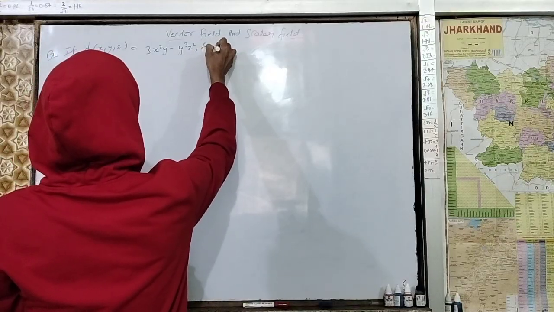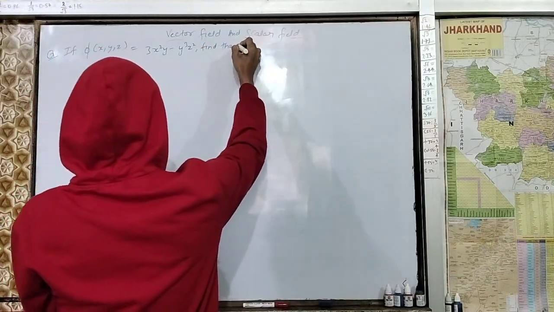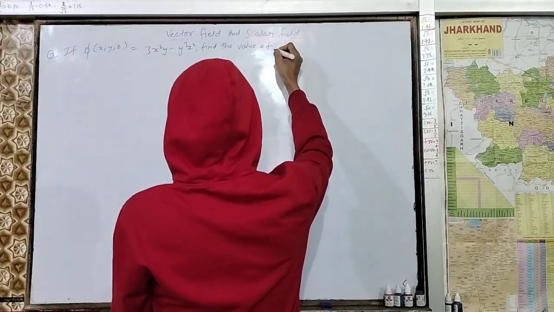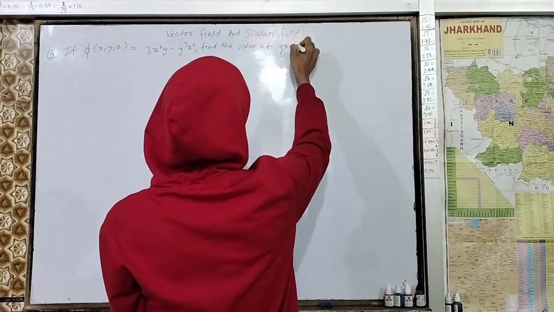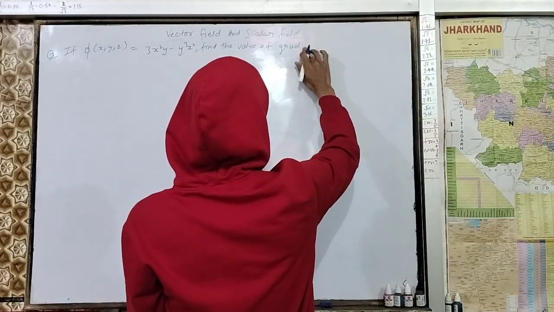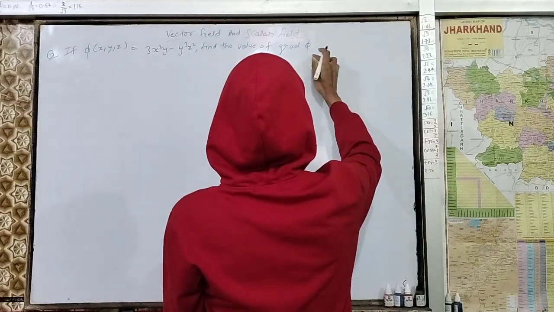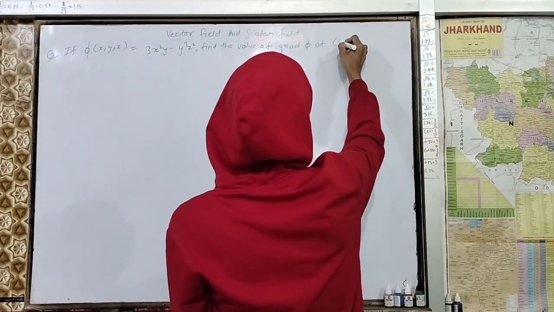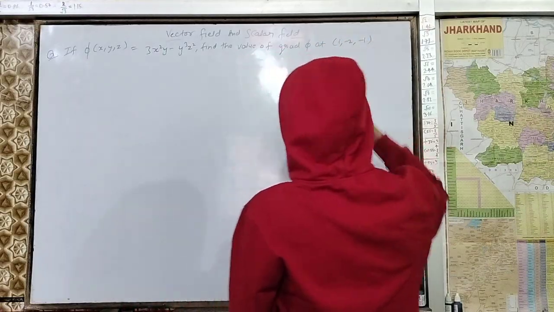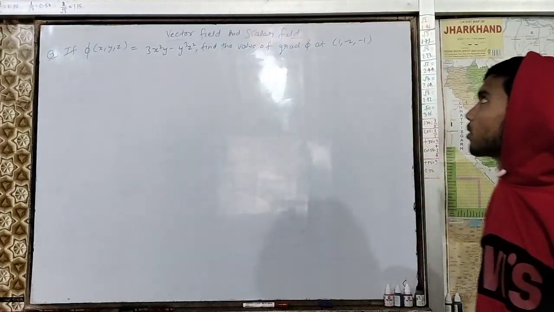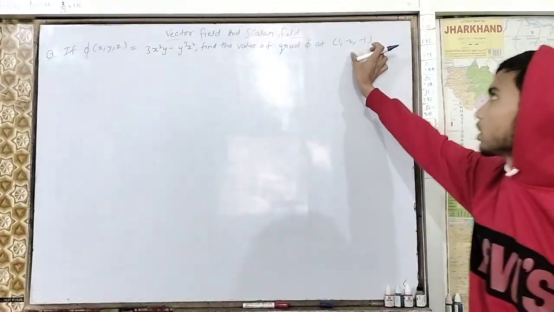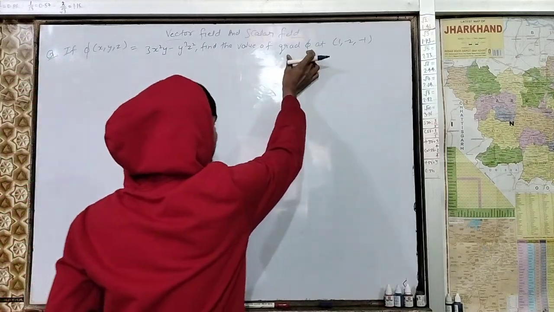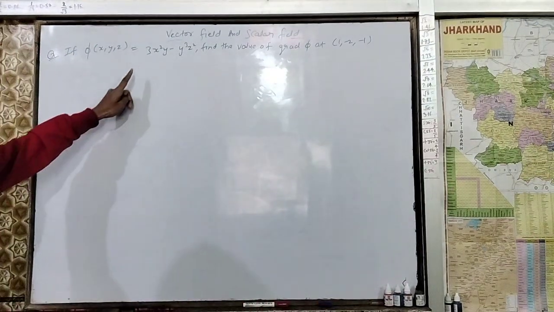Then we have to find the value of grad phi at 1 comma minus 2 comma minus 1. Look at this point, you have to find grad of phi.